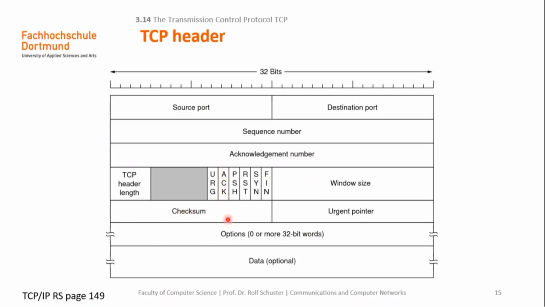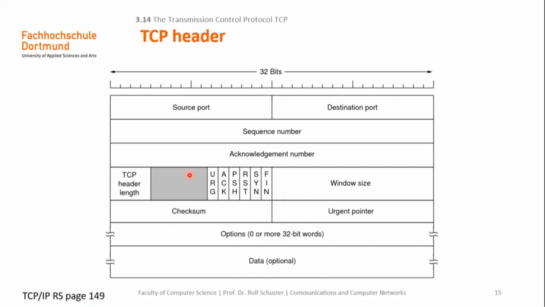Well, finally, there is a checksum. It is a field of 16 bits in order to check the integrity of the segment, not only the header of the segment, but the data, the payload of the segment.